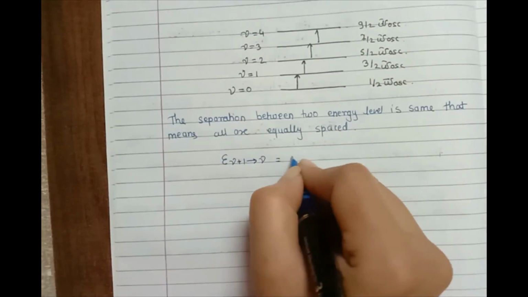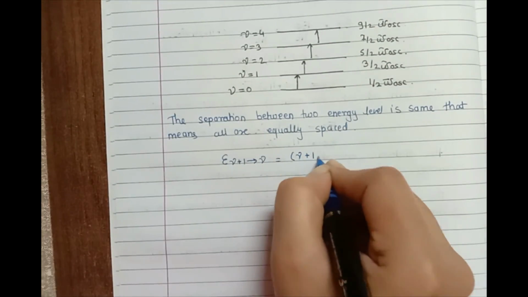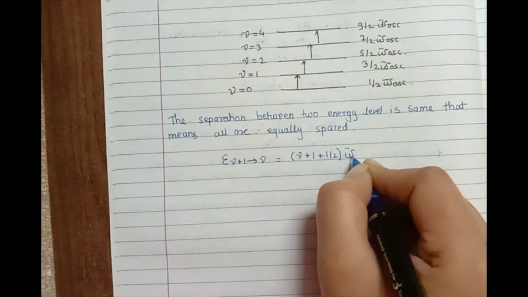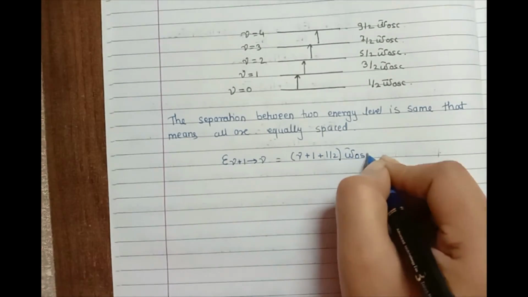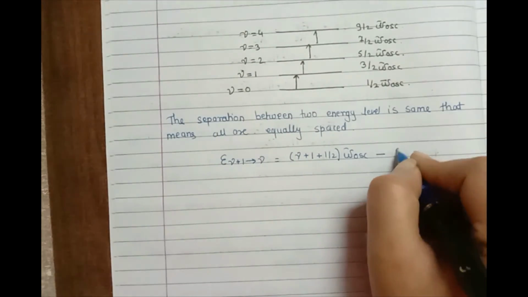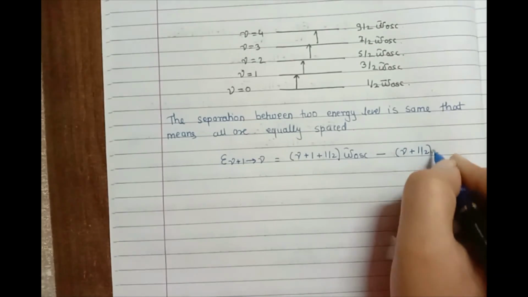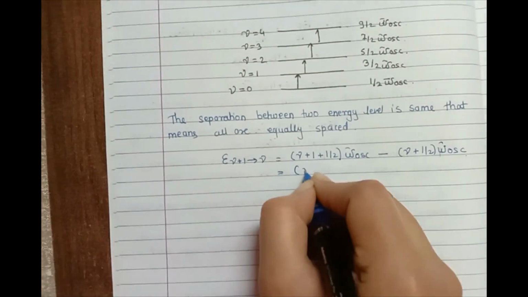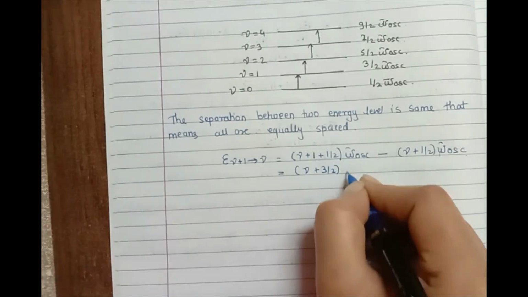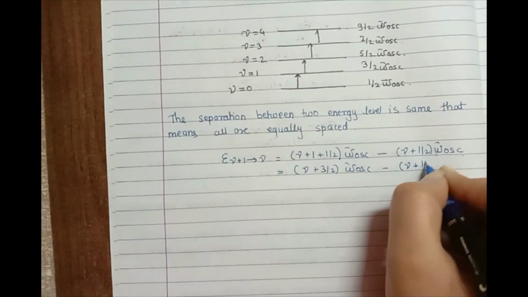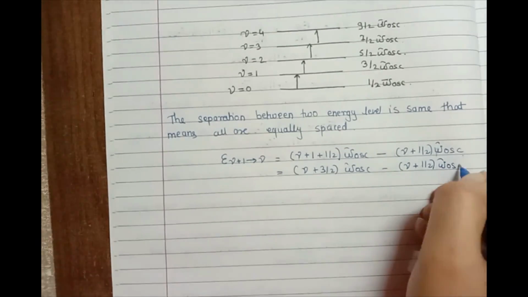We know that (nu plus 3/2) omega bar oscillation minus (nu plus 1/2) omega bar oscillation.